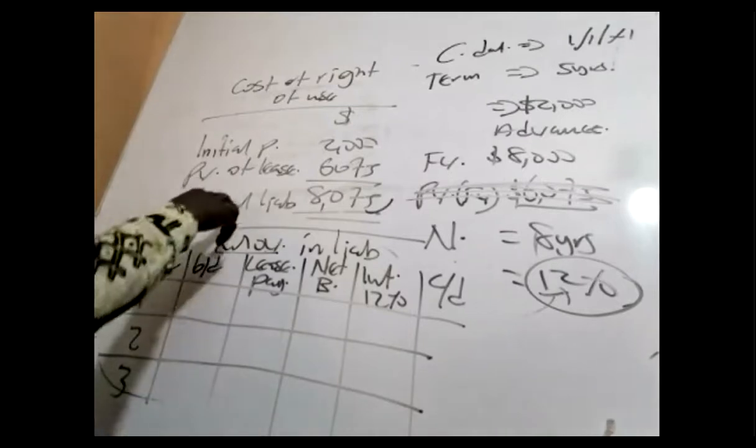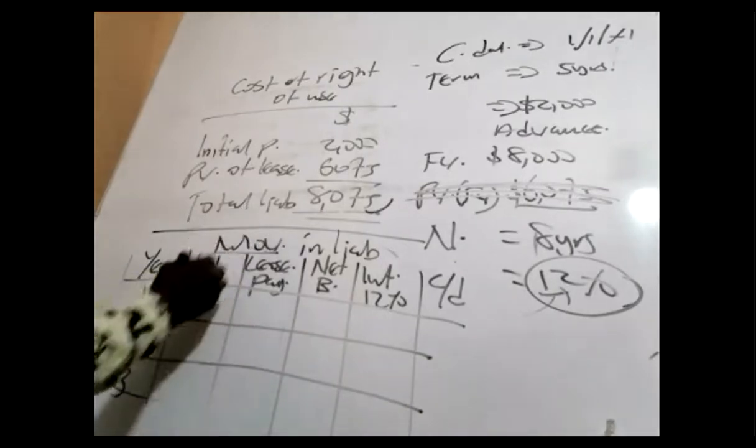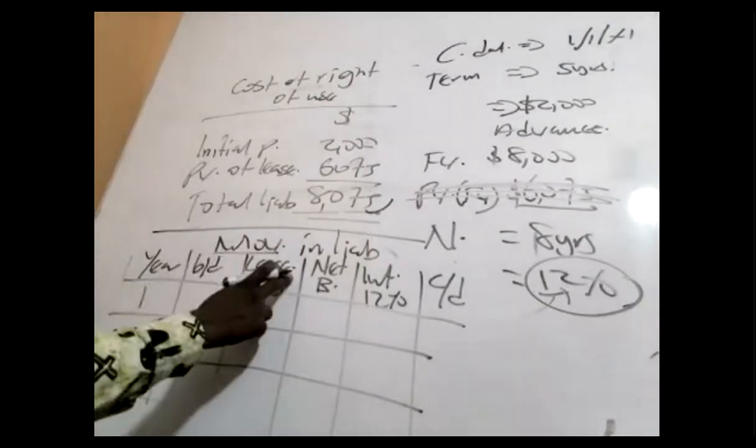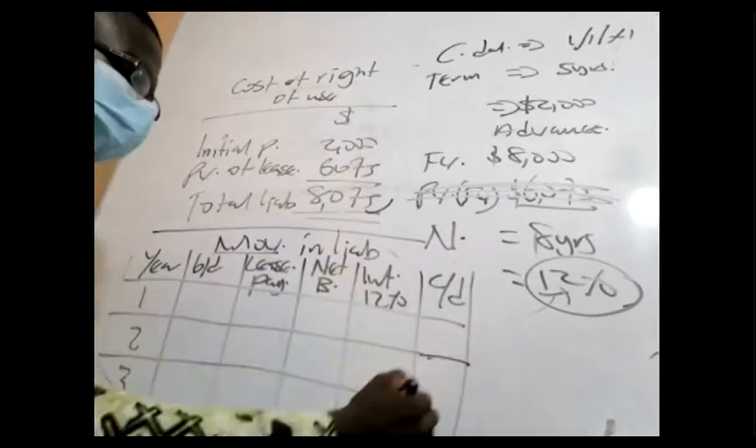If you use the shortcut approach, you still get the same answer. The movement in liability will be calculated as follows. We start with the opening balance, lease payments, net balance, interest, and then the closing balance.